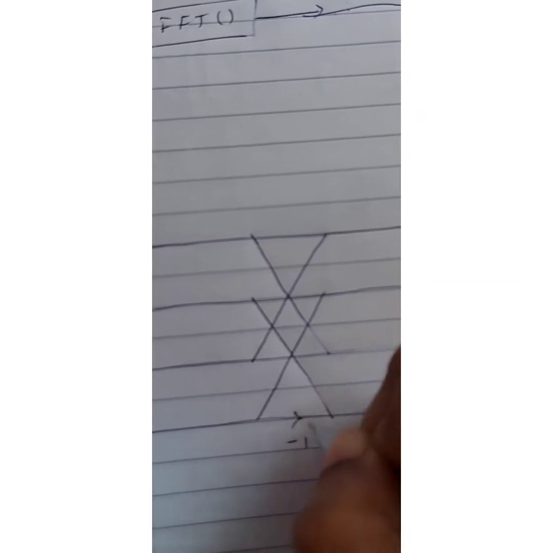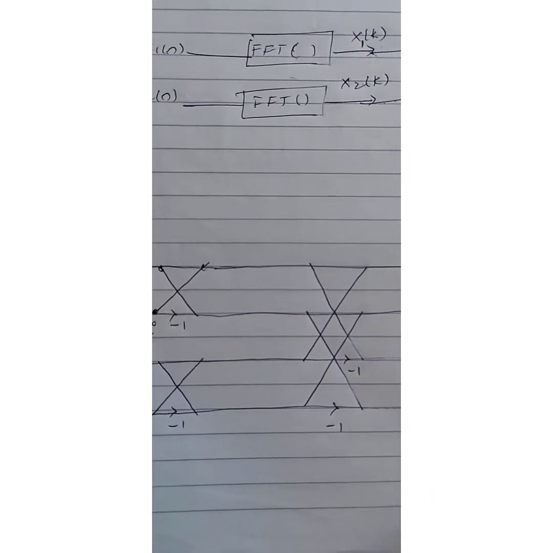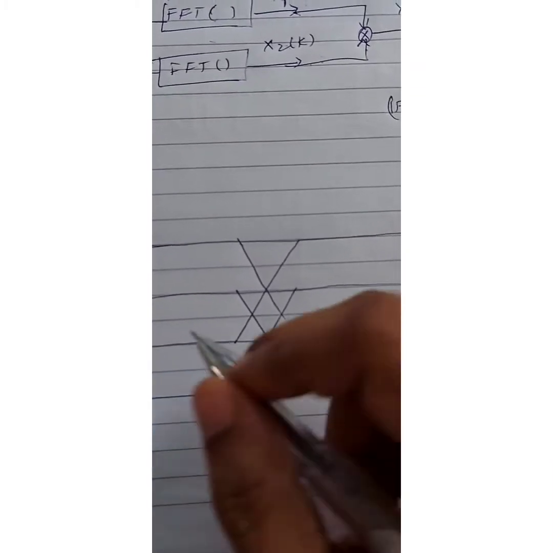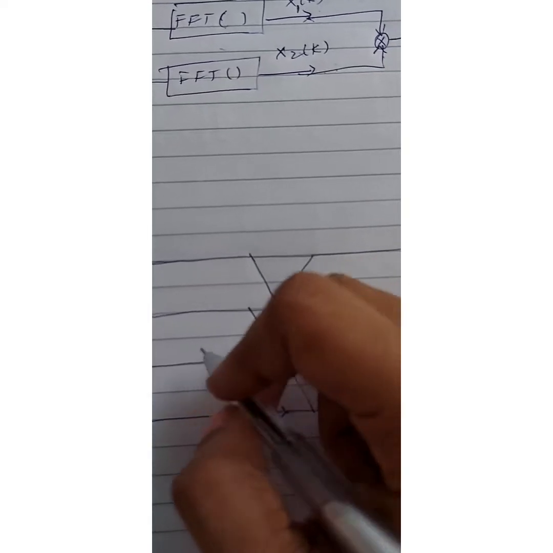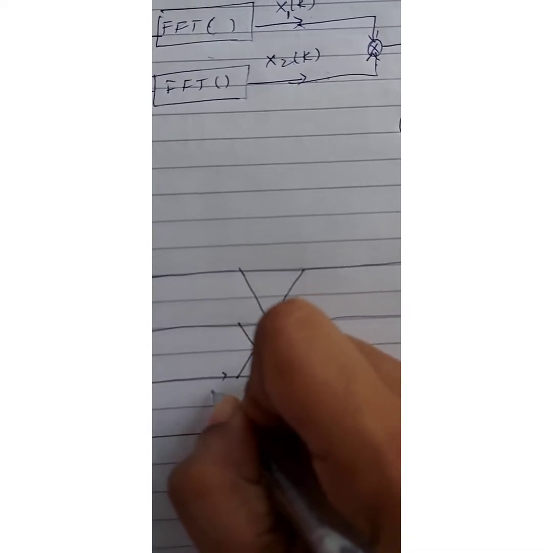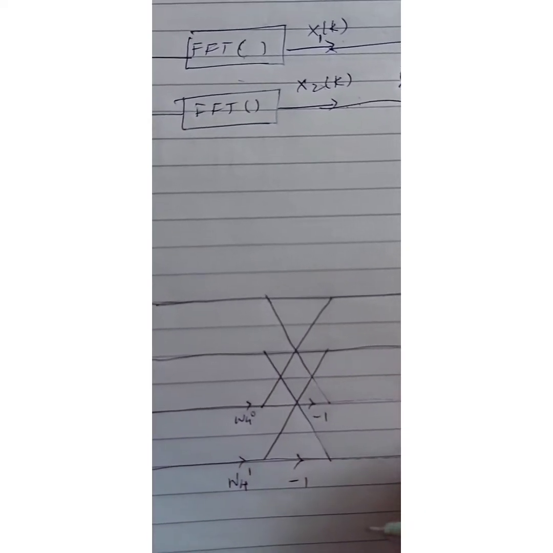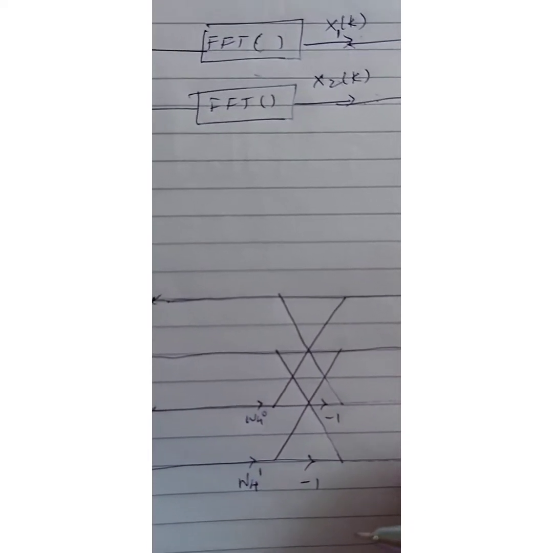This is your 4-point butterfly, having your W4 raised to 0 and W4 raised to 1. You know the twiddle factor values, you can write them down on the side.